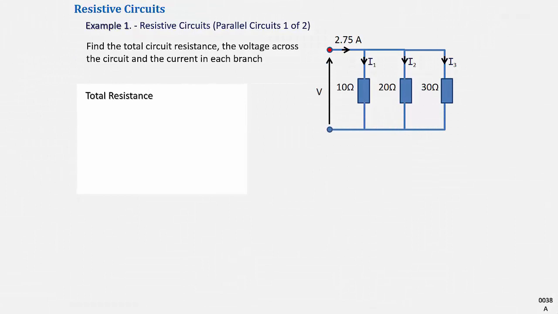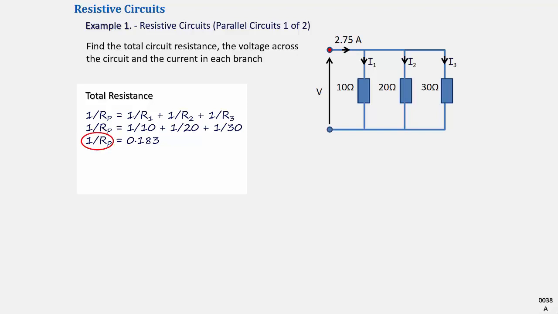To find the total circuit resistance: the reciprocal of the total resistance of a parallel connected circuit is the sum of the reciprocals of all the individual resistors. Substituting the values, 1 over Rp equals 1 over 10 plus 1 over 20 plus 1 over 30, which equals 0.183.